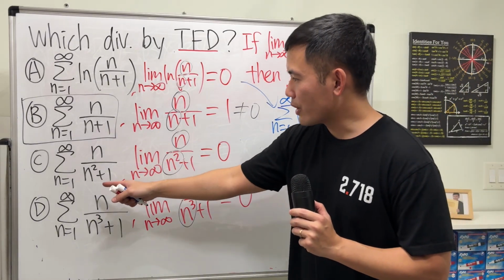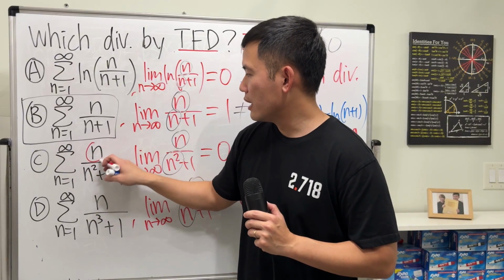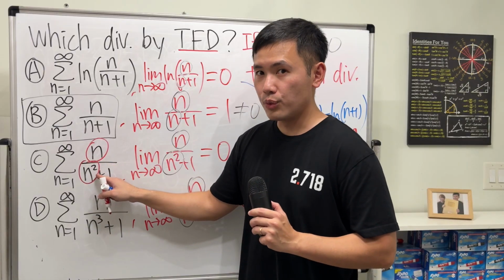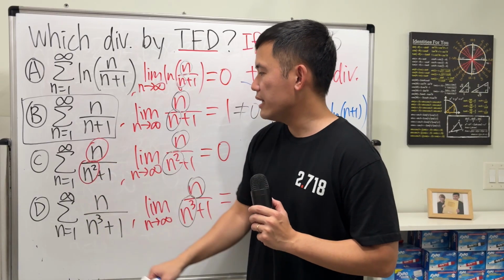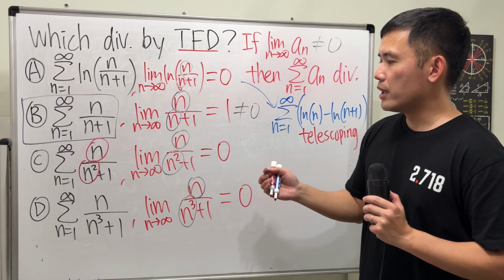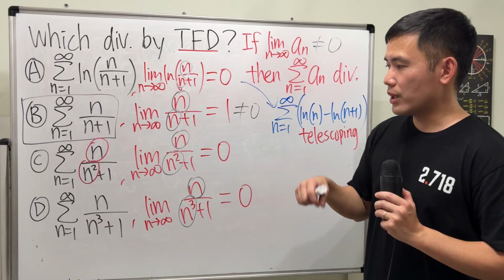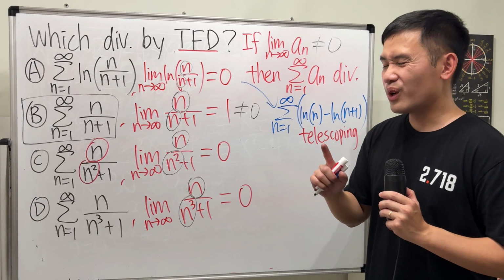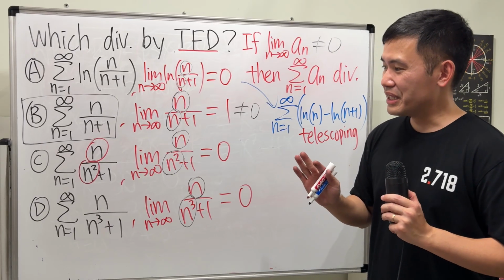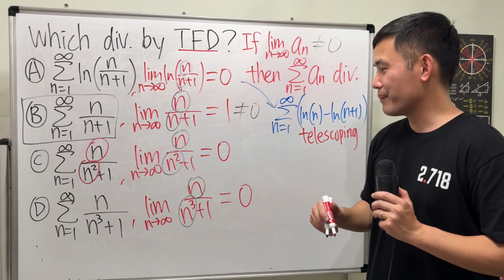Now for the next one right here, if you look at the series and if you just ignore the plus 1, then you can see the series is very close to what? 1 over n. So you do a comparison. Right here you can compare it, you can try to do it with the limit or the direct comparison test. I will tell you the direct comparison test is not that good in this case because the inequality is not going to work out so well.